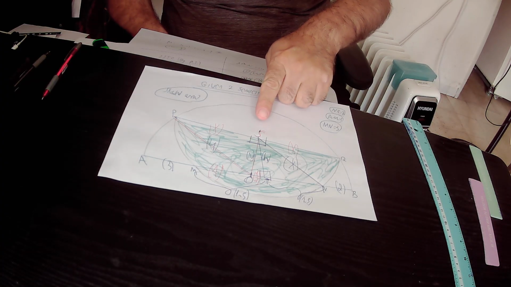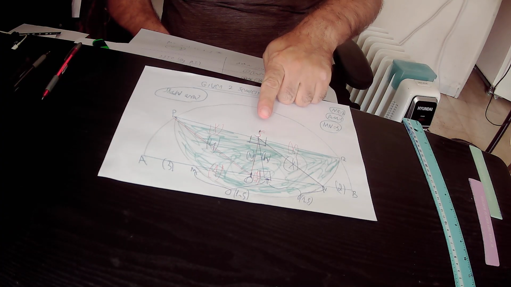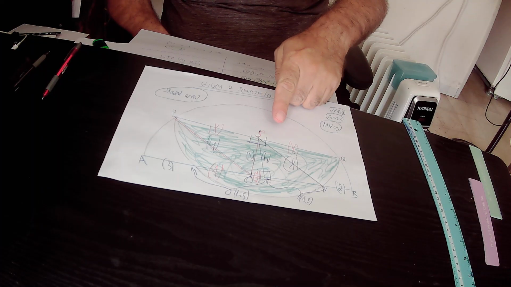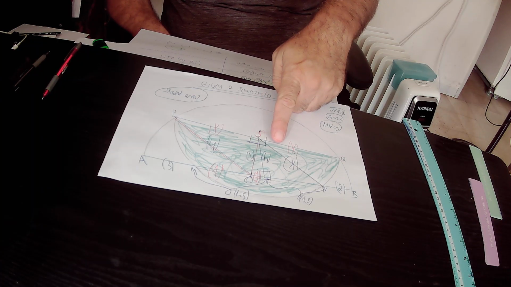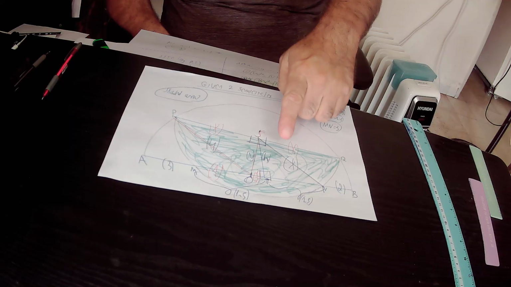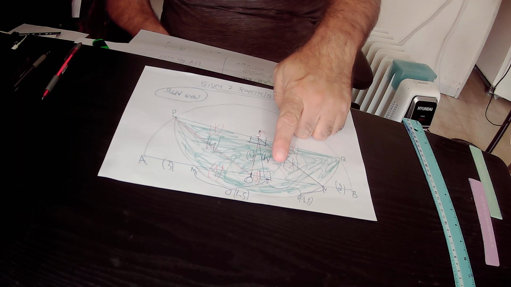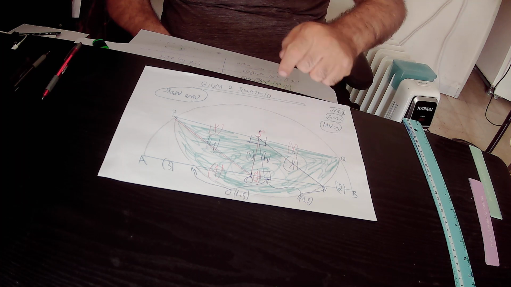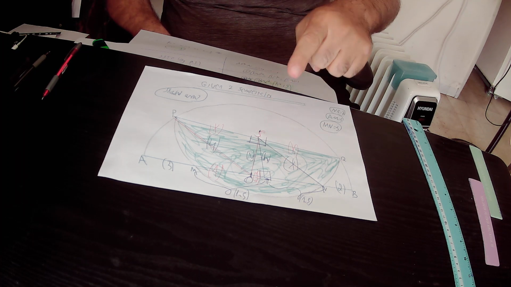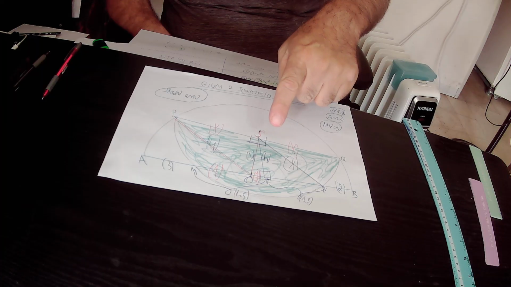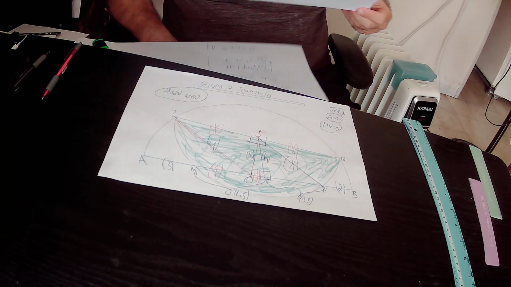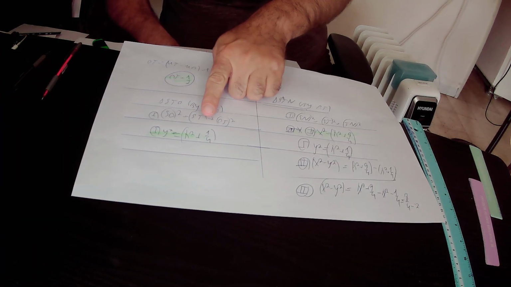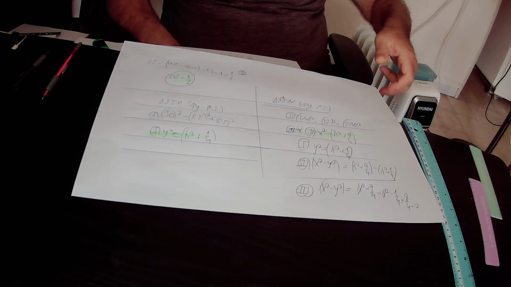SO is Y, therefore SO squared is Y squared, and it equals ST squared. ST is H, therefore ST squared is H squared, plus OT squared. OT is 1/2, therefore OT squared is 1/4. So we found that Y squared equals H squared plus 1/4.